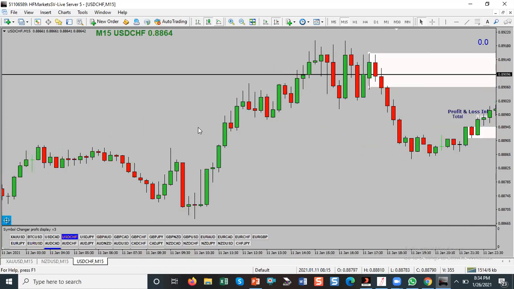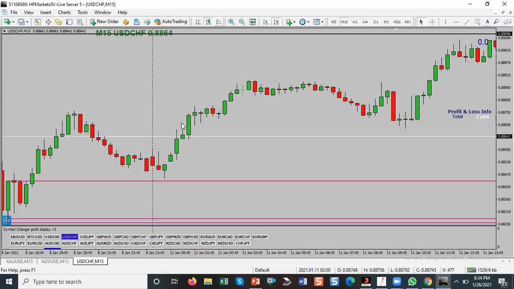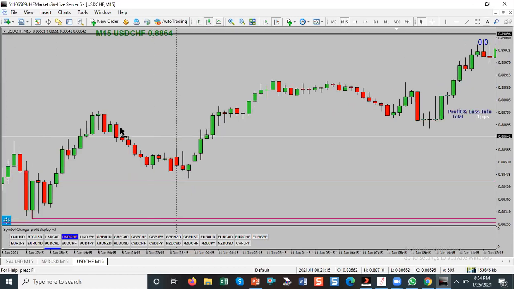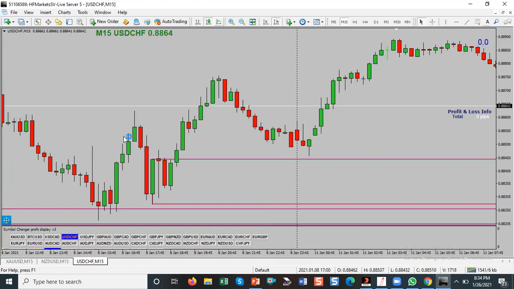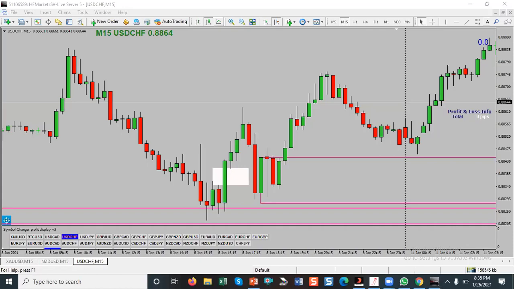So the fair value gap is when you see a combination of bullish candles. So we have these candles moving on, bullish candles, but this place was not covered.